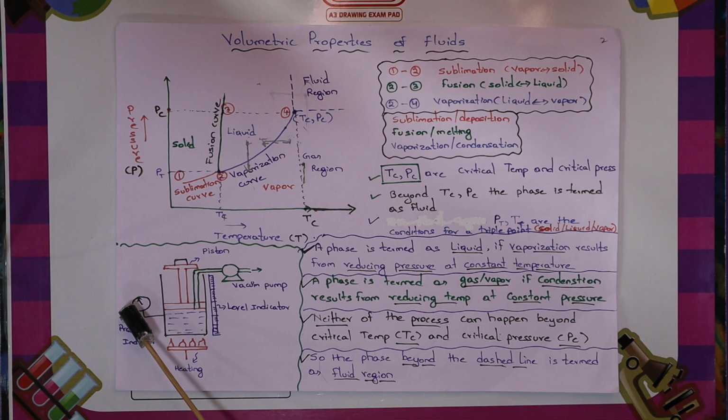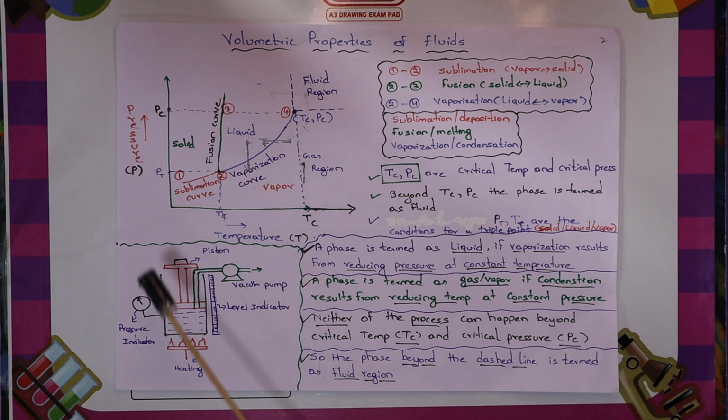The pressure can be measured through a pressure indicator, volume through a volume indicator, and temperature through a thermometer, and here you can supply some amount of heat. Because of the supply of heat, the substance changes its phase from solid to liquid, liquid to vapor.